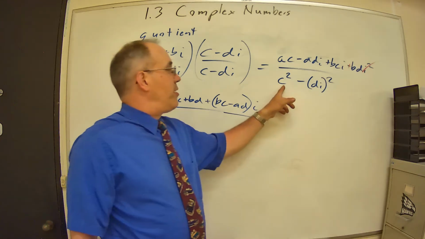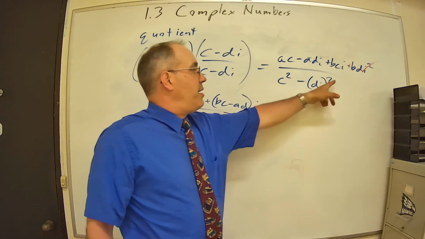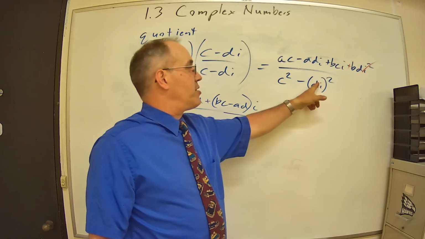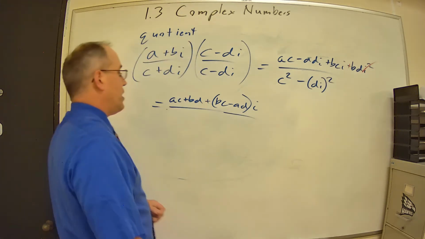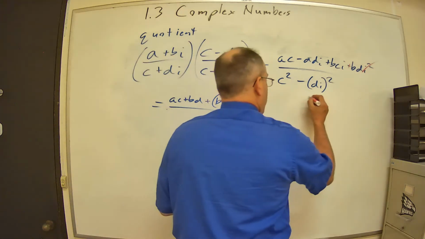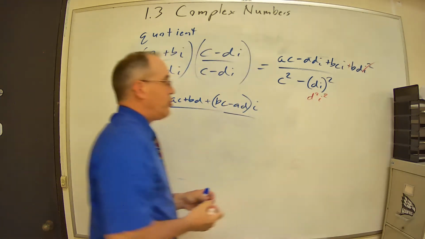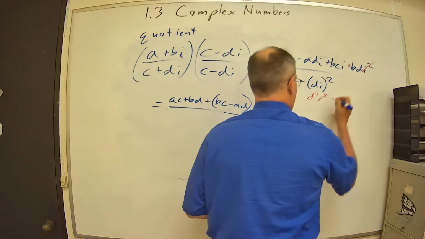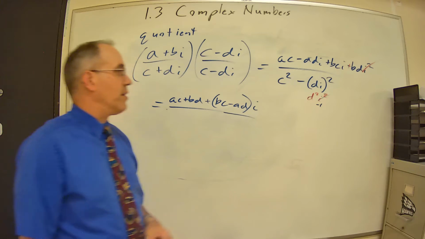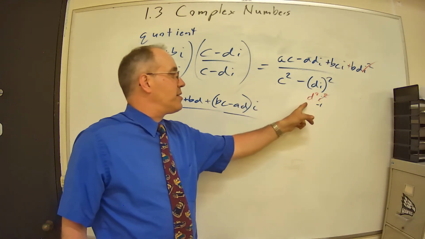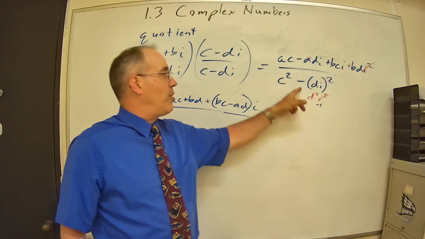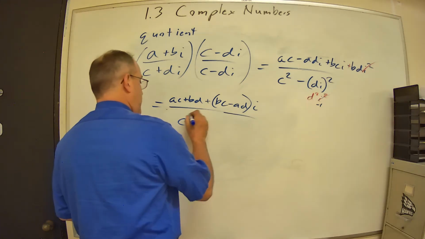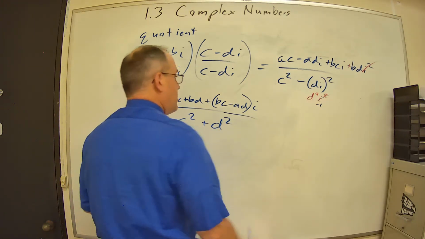And then in my denominator, remember that di squared, one of our power rules says that this squared gets distributed through the two of them, turning that into d squared i squared. Well, i squared is what? Negative 1. Right? So now we have c squared minus d squared times negative 1, or minus negative d squared, or plus d squared. So we end up with c squared plus d squared.